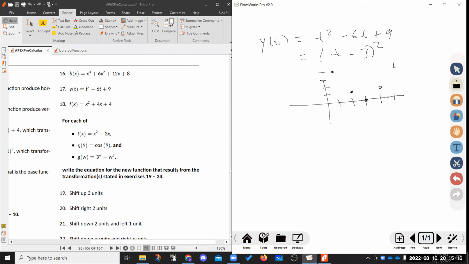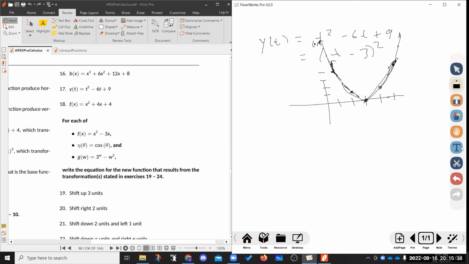Symmetry over here as well. And we're opening up and to the right and up and to the left. And I don't have the point up here, but 0, 9 is going to have to be up here as my y-intercept when I get all the way over there.